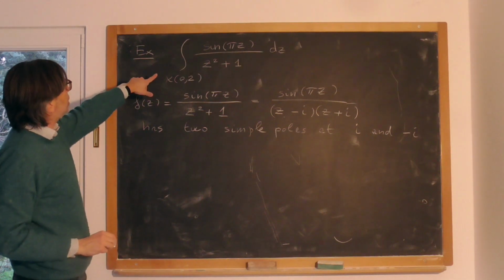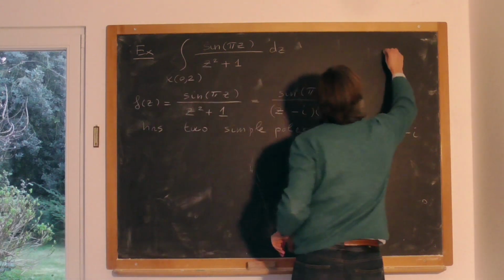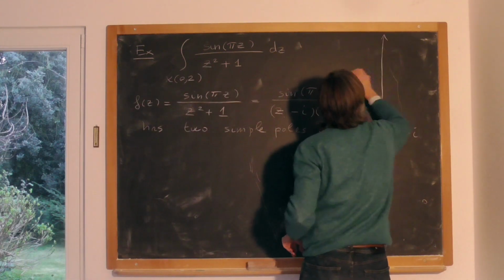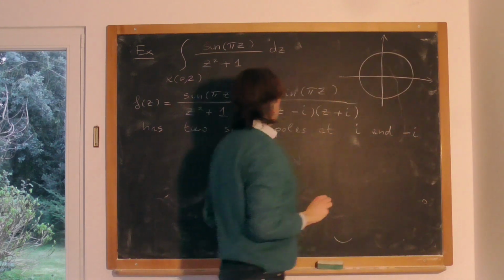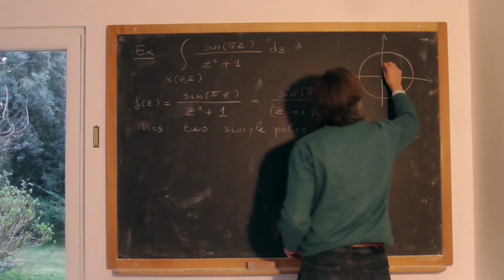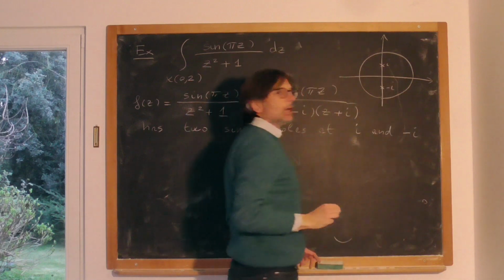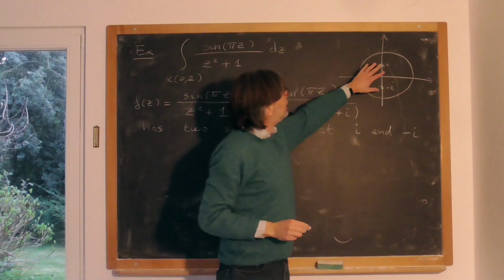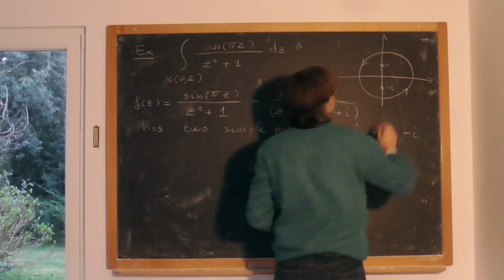And here we would like to integrate this function on a circle of radius 2, centered at the origin. So here is the circle of radius 2. And the two poles at i and minus i are contained, this is i and this is minus i. So they are both in the region which is bounded by our contour gamma.